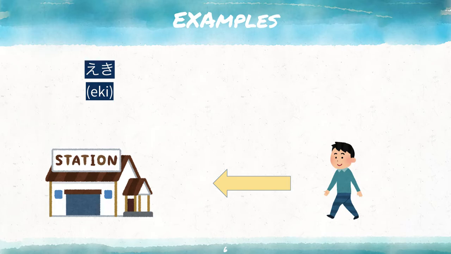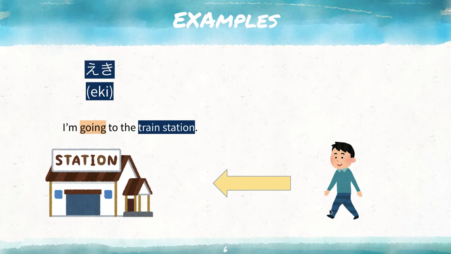As we learned from the sentence structure, after the destination, which is eki, if I was him, I would say I'm going to the train station.